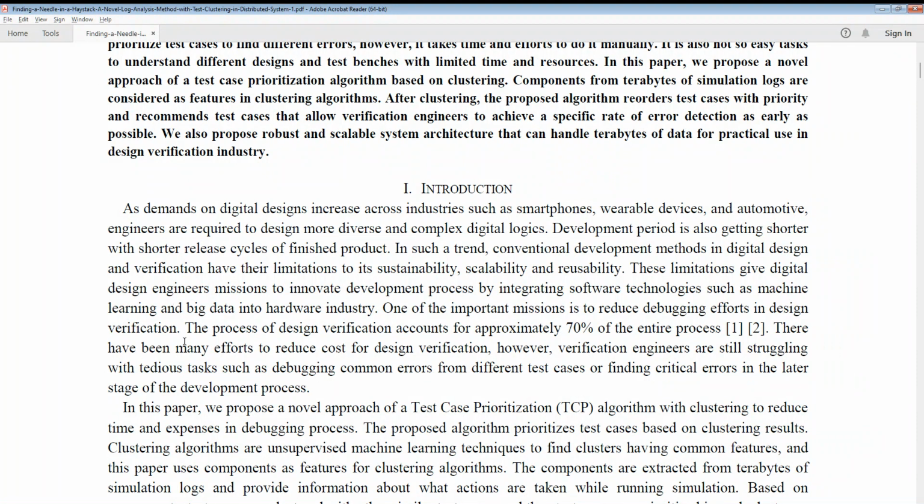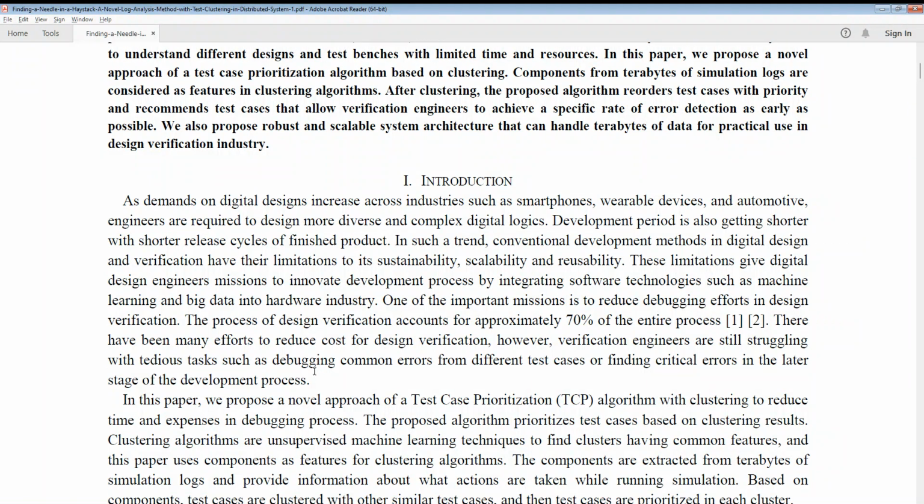There have been many efforts to reduce the cost of design verification. However, verification engineers are still struggling with tedious tasks such as debugging common errors from different test cases or finding critical errors in the later stage of the development process.